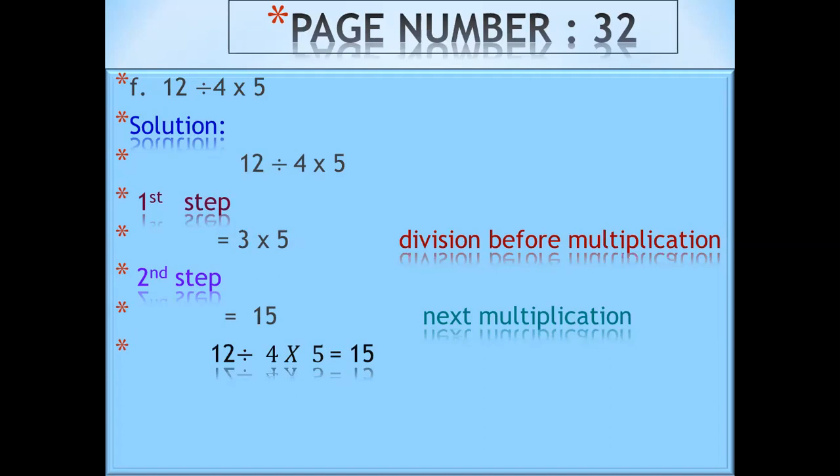When you divide 12 and 4, 3 is the answer. Now is the turn of multiplication. 3 multiplied by 5, 15. 12 divided by 4 multiplied by 5, the required answer will be 15 because first we divide and then we multiply the numbers.